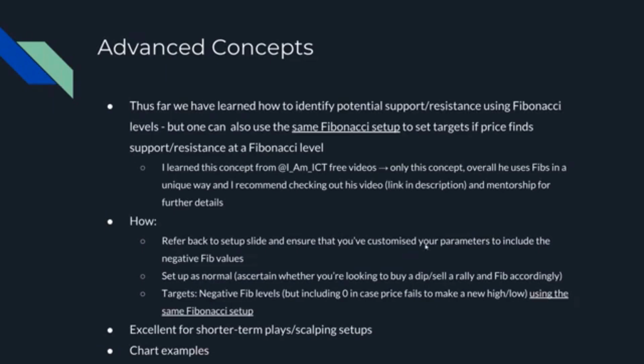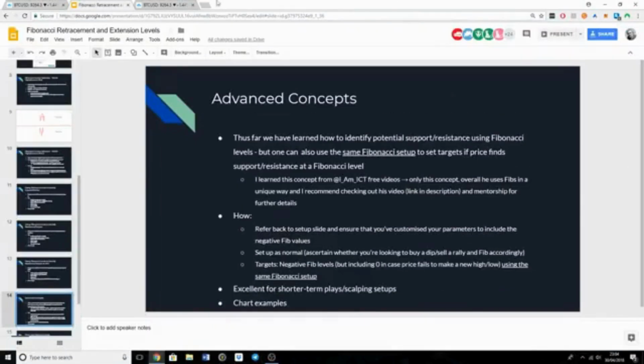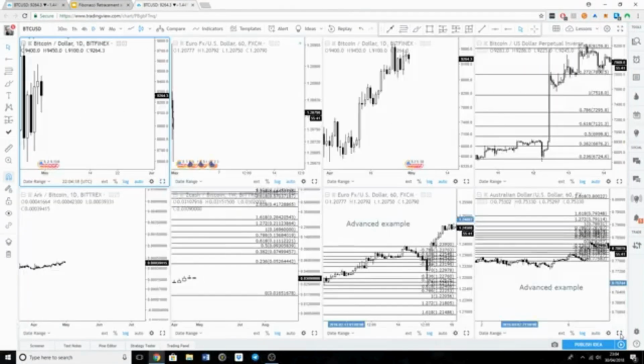And once you have that set up, the targets for your setups, once the fib level has done its job, will be the negative fib levels, including 0. Now that may have gone over your head, but don't worry, the chart setups should hopefully clarify things.